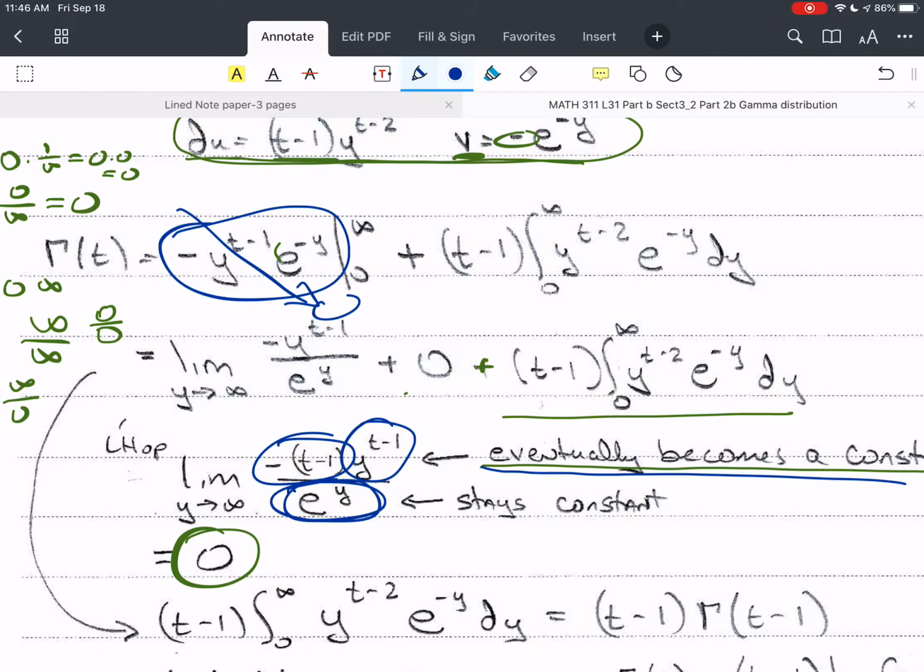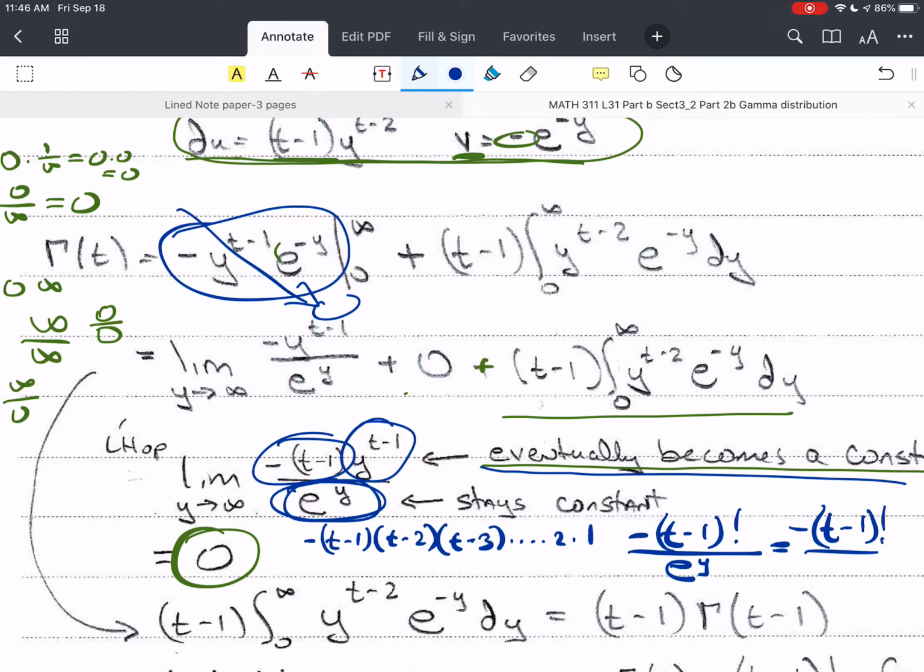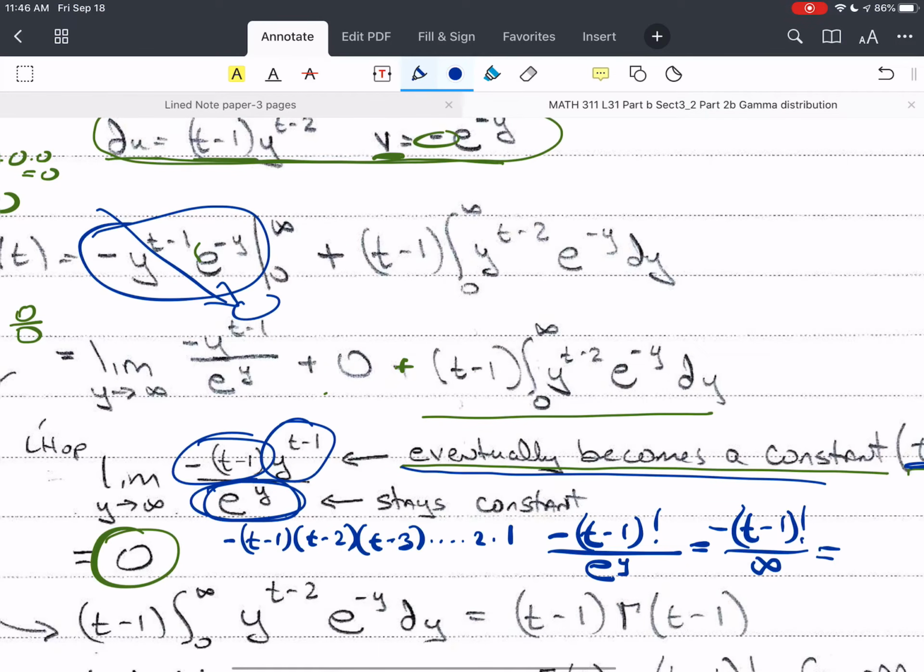So we don't have 0 over 0. We'd have negative t minus 1, t minus 2, t minus 3, until we got to 2 and 1. So we'd have negative t minus 1 factorial over e to the y, and that would be negative t minus 1 factorial, whatever that is, over infinity, which is going to be 0.